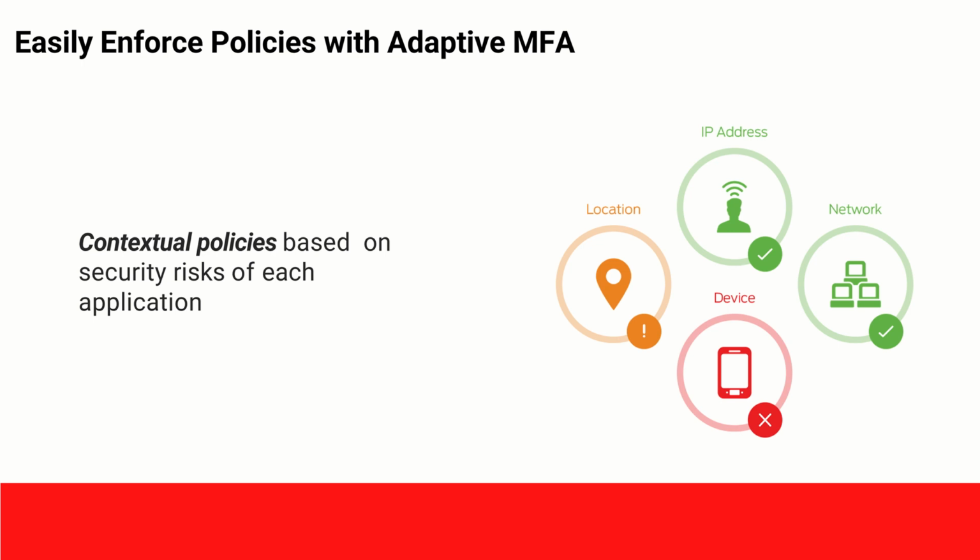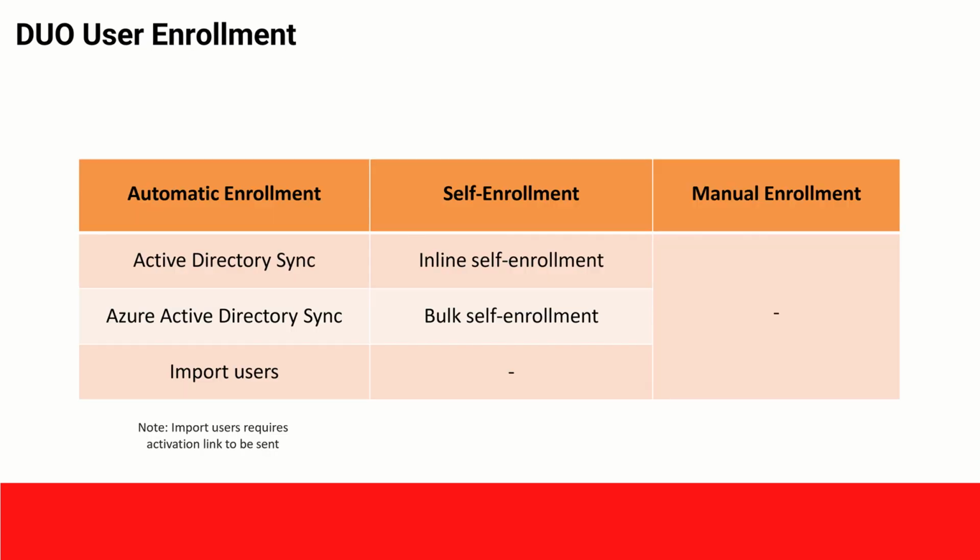Duo MFA is the integral part, but on top of that, using these contextual policies, you can also apply policies in addition to the MFA, so that you make sure that the endpoint from which the application is accessed, or the endpoint on which the second factor is enabled, is also secure.